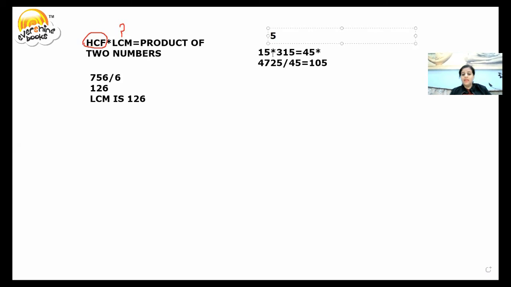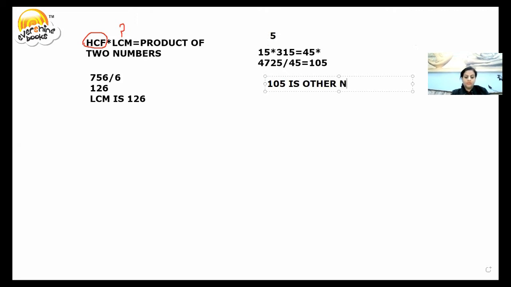When we multiply them, we get the product, and we know one number also, 45. So what will be the other number? The second number will be found when we divide the product. So 4725 is going to be divided by 45. So the other number is 105.